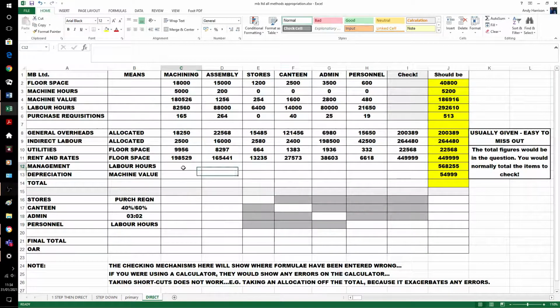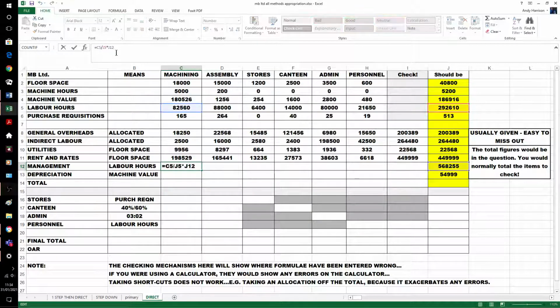So the difference is now managers spend most of their time looking after staff, so we're using the labour hours, which is in row 5. And we've got our total, and our bill is now the management bill, J12.